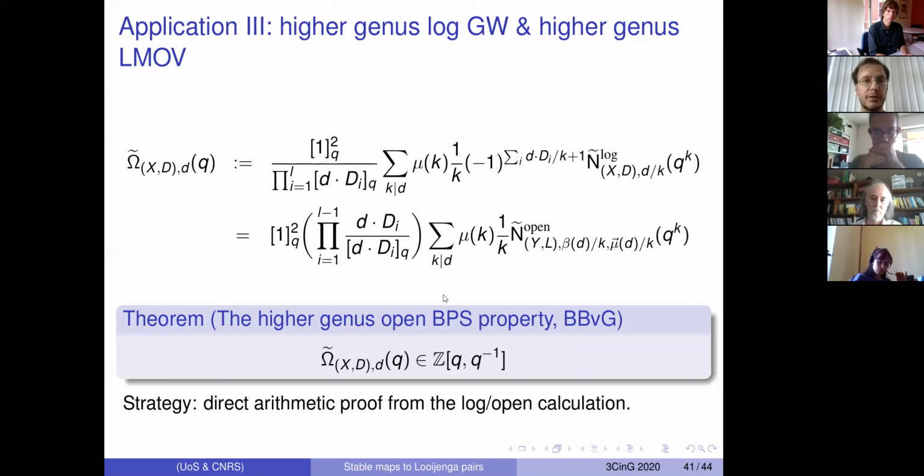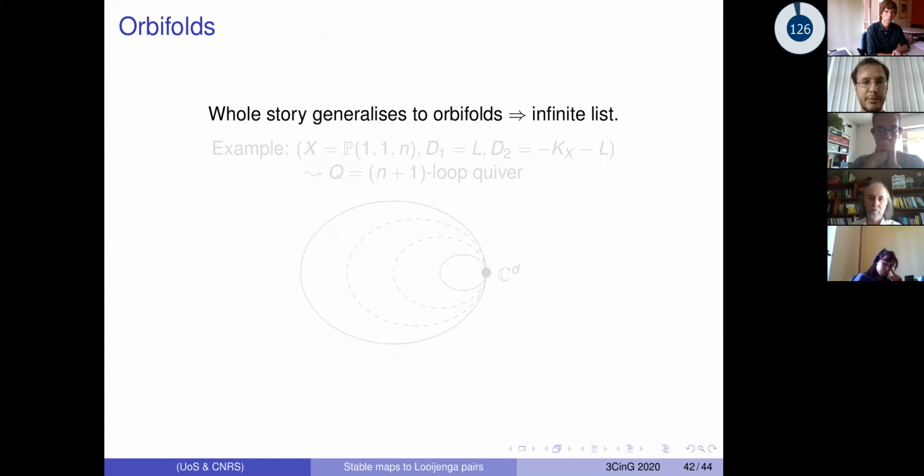But this turns out to be true, and unfortunately, there's no black box that can do it for us, unlike the case for the unrefined invariants. But we can provide a direct number theoretic proof either way, either the topological vertex or the scattering calculation. And so that's pretty much it.